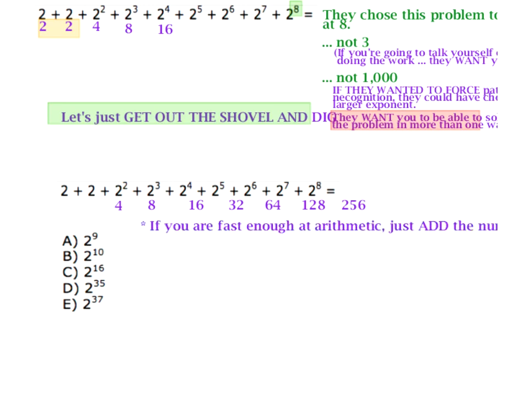But if you're slower, then you can notice how far apart the answers are, so you can just estimate.